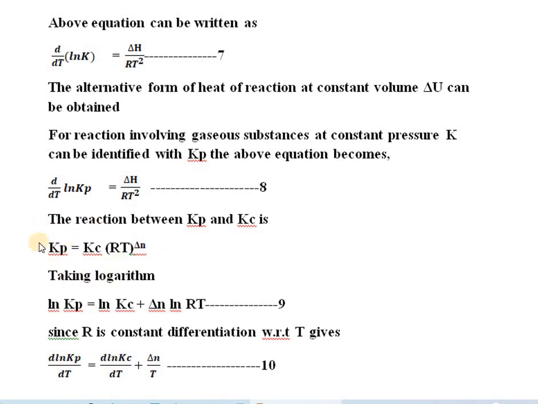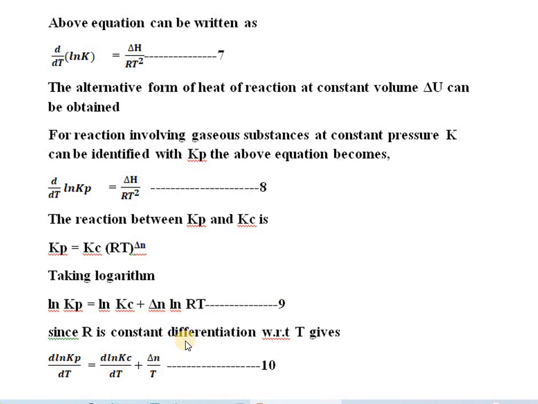So, by taking the logarithm of this equation, ln Kp is equal to ln Kc plus, according to logarithm rules, delta n into ln RT, equation 9.